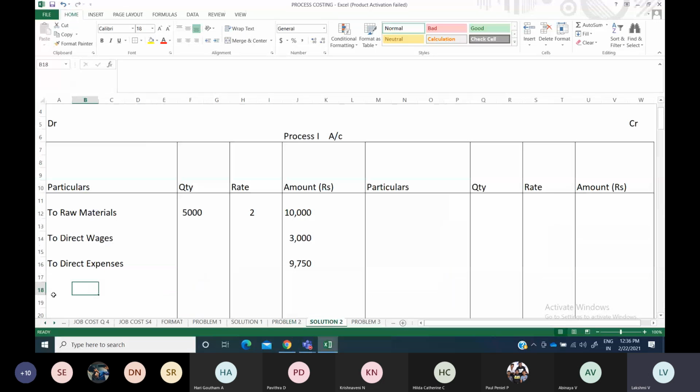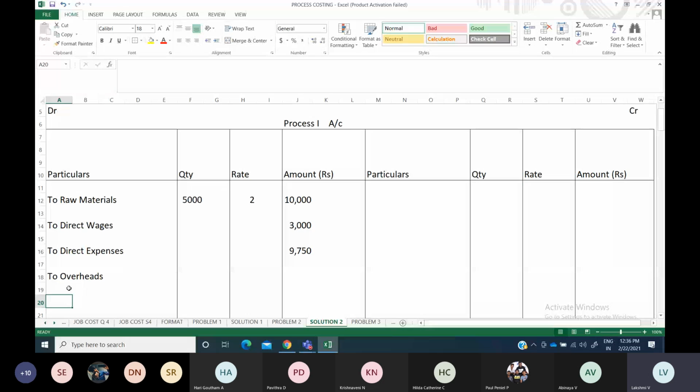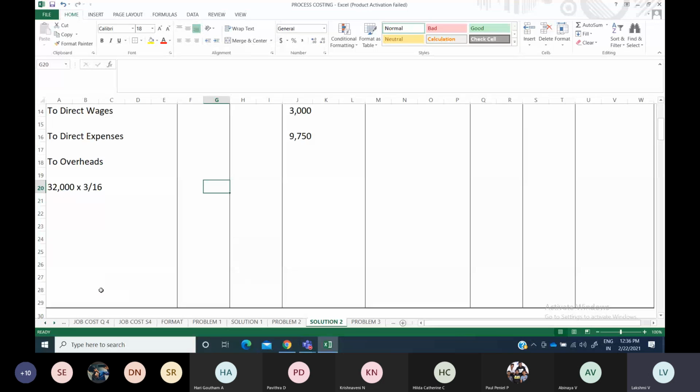Okay, so to overheads. Overheads means indirect cost belonging to that particular process. So total amount is 32,000 into 3 by 16. Just find out how much you are getting. So I think it's 6,000 like that. You also just check whether you are getting 6,000. Okay, so this is the overheads amount.